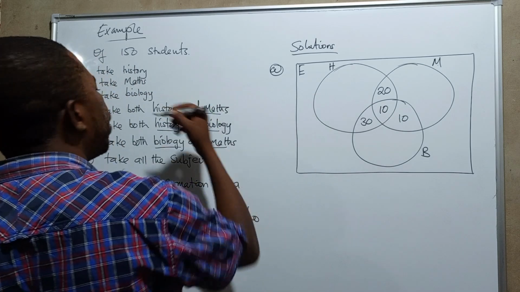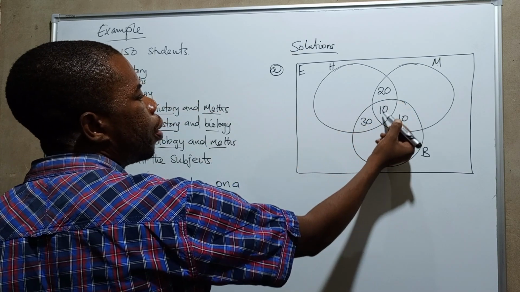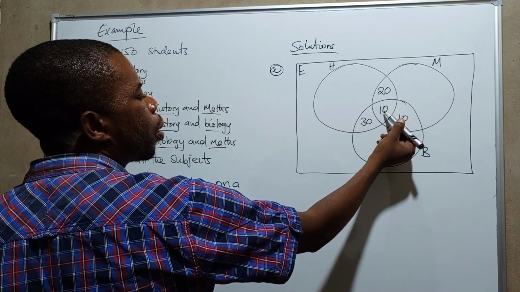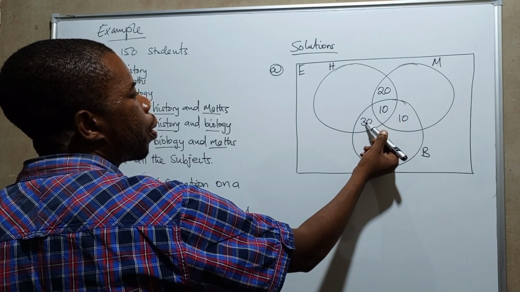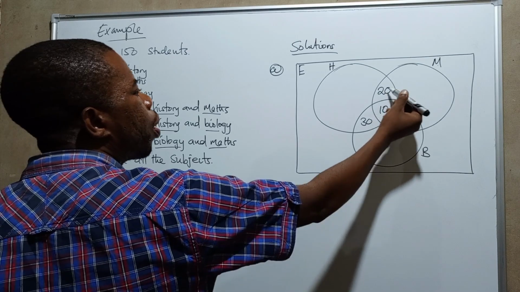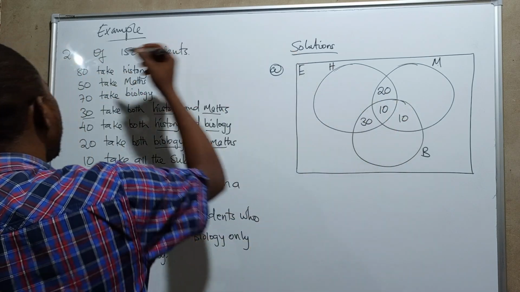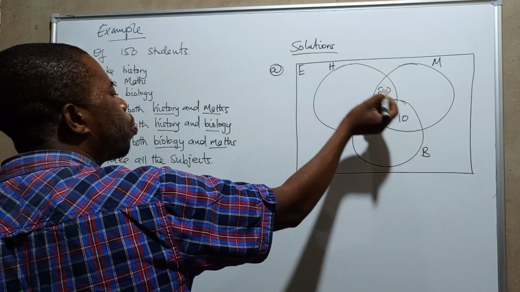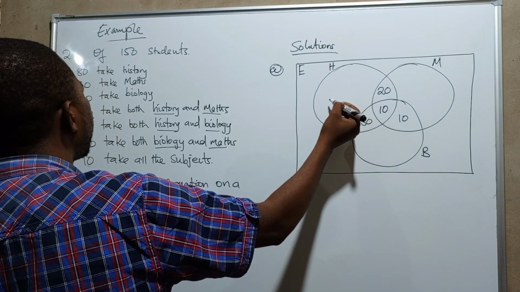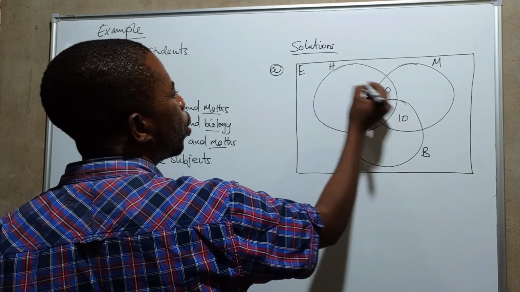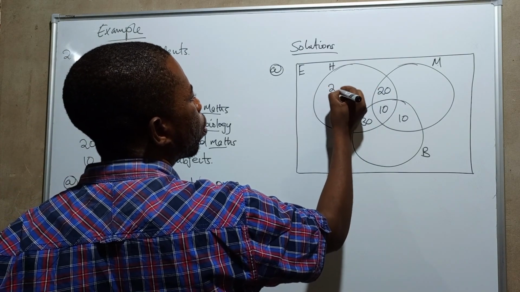But out of 80, we have already these that are seated here. So 20 plus 10 is 30, plus 30, which is 60. So we have 60 seated here. If you say 80 minus 60, those that remain just take history, which will be 20, of course.